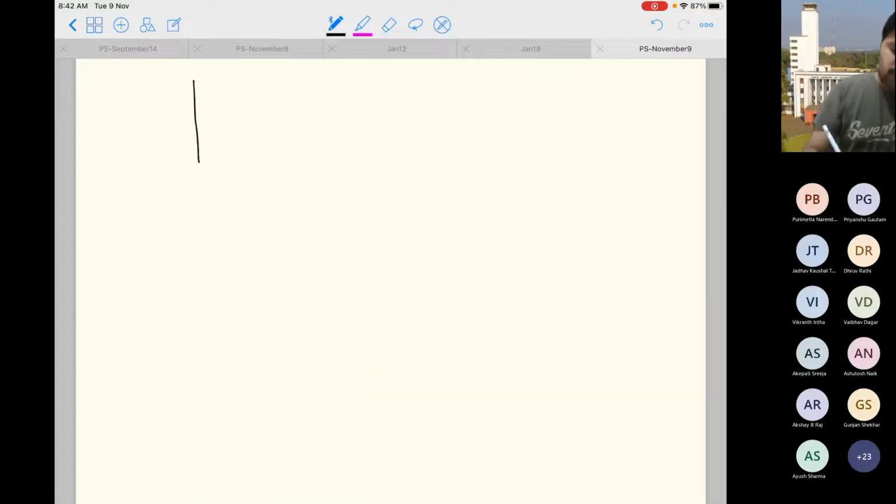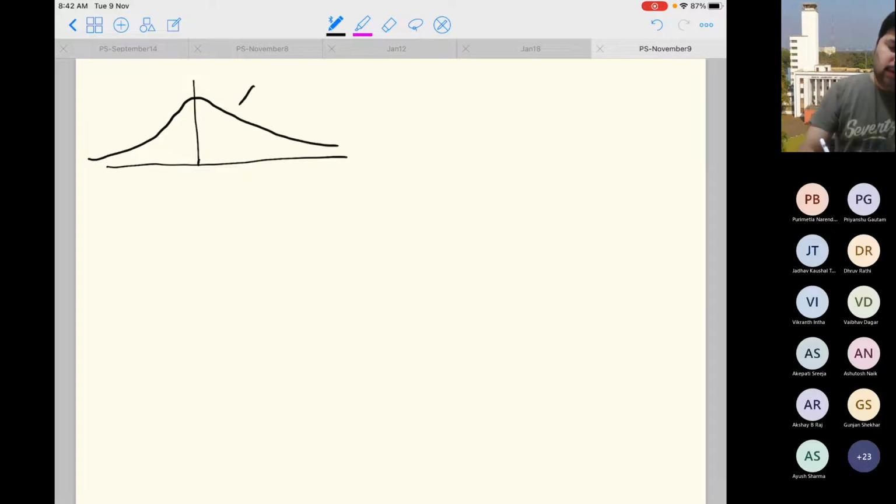So why did we start with this t density? First of all, how does the t density look? You know that t with p equal to 1 is Cauchy. It also has a bell-shaped curve. This is the typical PDF of the t density with p degrees of freedom. Here also, like normal random variables, tables are available. What is the difference between a normal random variable and a t distribution?